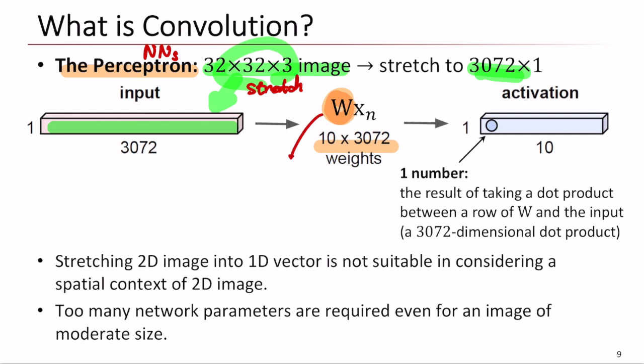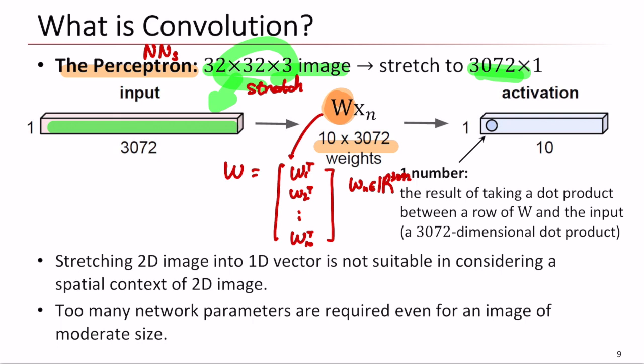Let's say W has the row vectors W1 transpose, W2 transpose, and so on up to W10 transpose, and each W is 3072-dimensional.